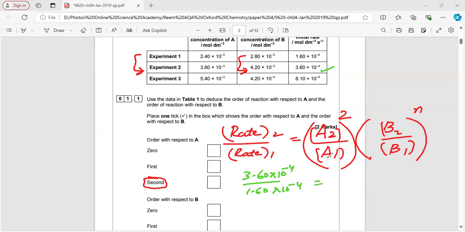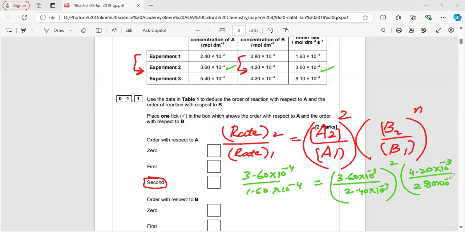For A, the concentration is 3.60 into 10 raised to power minus 3 over 2.40 into 10 raised to power minus 3, and the power is 2. Here, 4.20 into 10 raised to power minus 3 over 2.80 into 10 raised to power minus 3, raised to power n. I don't know n; I have to find that n.